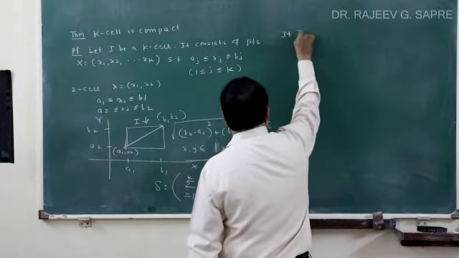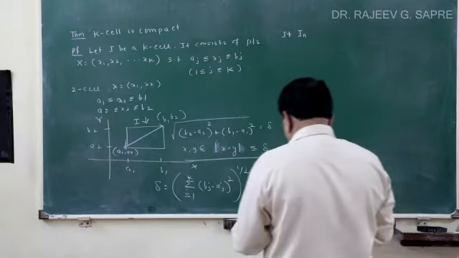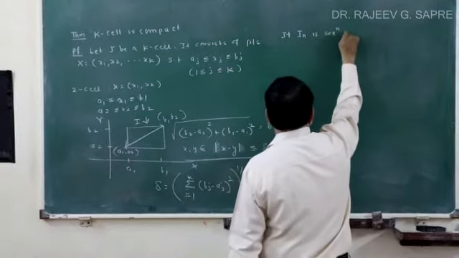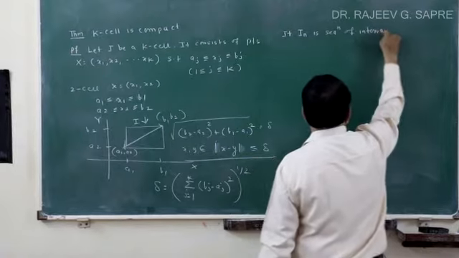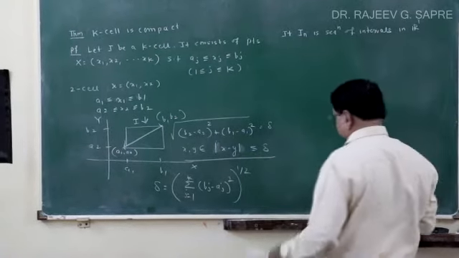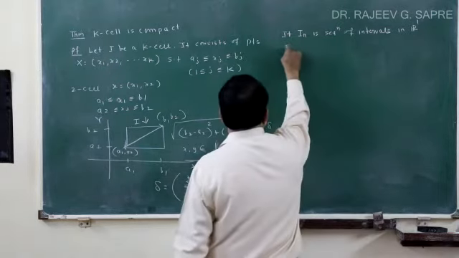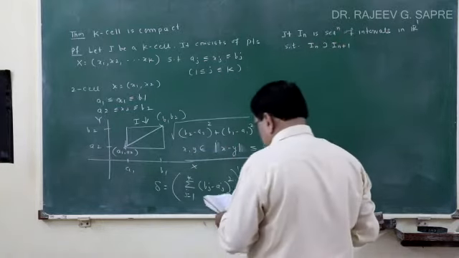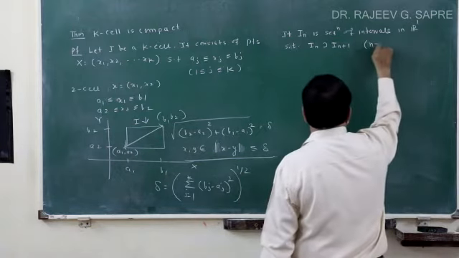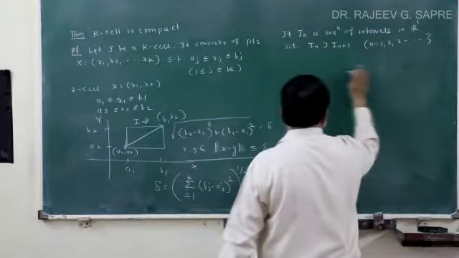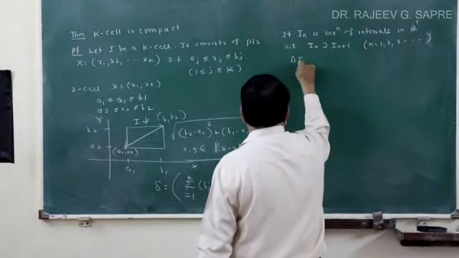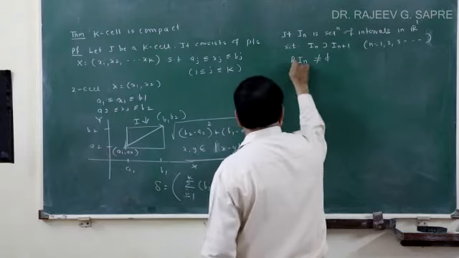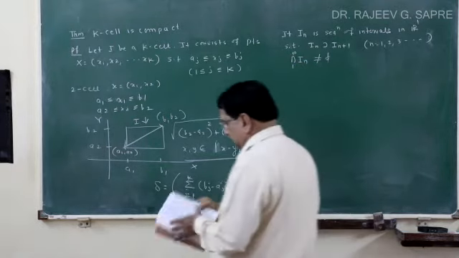If In is a sequence of intervals in R1 such that In contains In plus 1, where n takes values 1, 2, 3 and so on, then the intersection of In, n taking values from 1 to infinity, is not empty. This is the nested interval theorem.